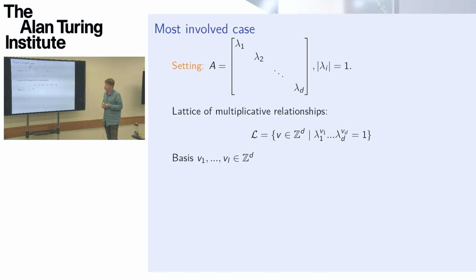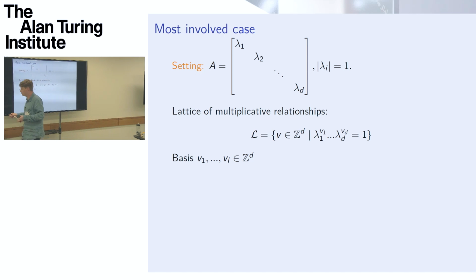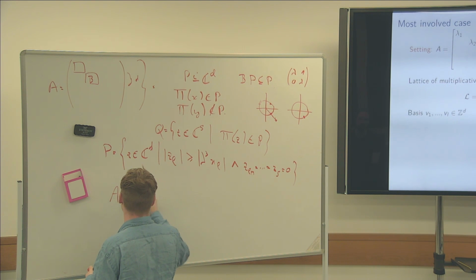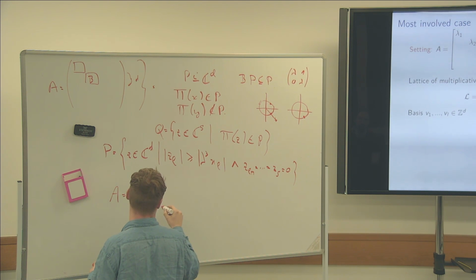So what happens actually? Our matrix is like this, with all the eigenvalues of modulus 1. And then we have a lattice of multiplicative relationships, okay? It's the set of integer vectors that define the multiplicative relationships between our coordinates. For instance, if an eigenvalue is a root of unity, like in the previous example, let's say A is e^{i theta} and -1.